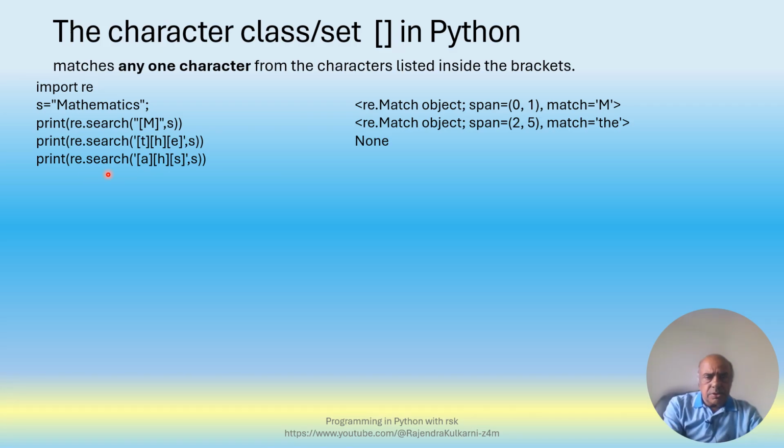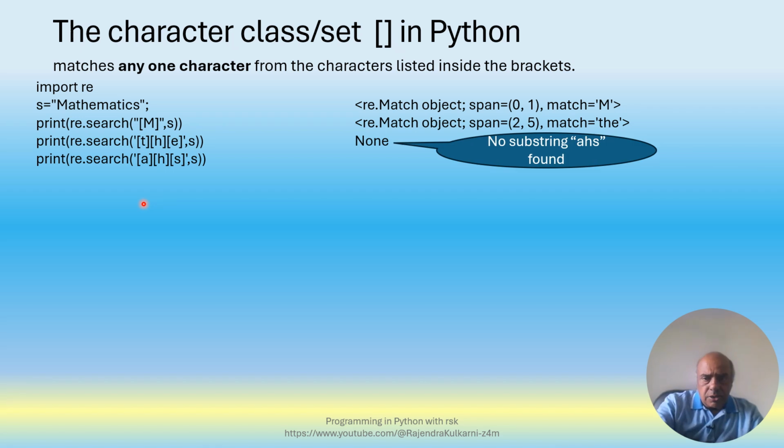And the third one, AHS, gives us None. We can note A, H and S appear in mathematics, but they are not in a consecutive way, they are not forming a continuous substring AHS, so the result is None.